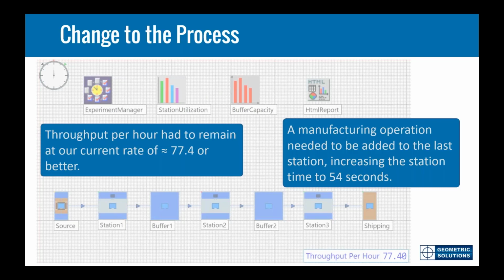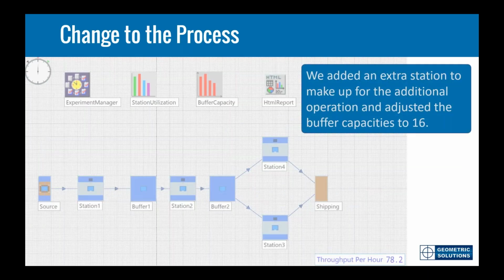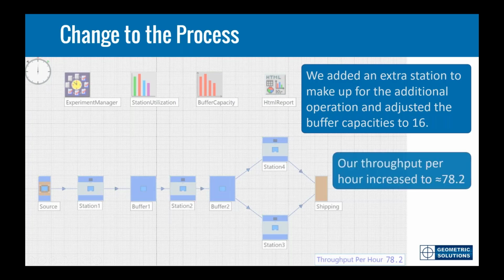Well, there are a number of things we can do, but we put our heads together, and what we did was we added an extra station to make up for the operation. And using the experiment manager, we increased buffer capacities to 16. I'll explain what that means when we get into the model. And we increased our throughput to 78.2. So we're able to increase the throughput a little bit, not much, but we kept it up to what we wanted.